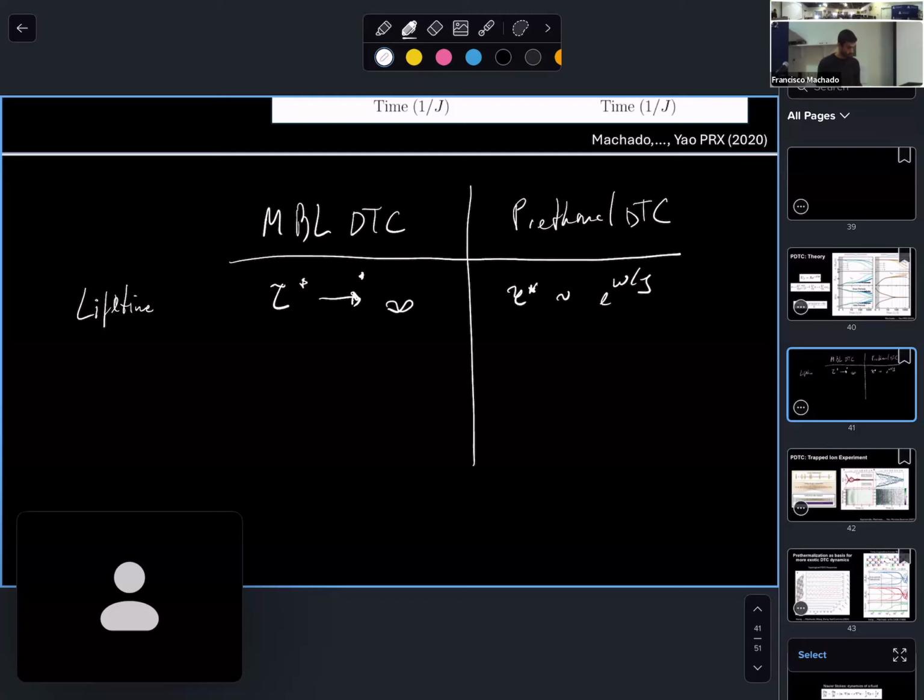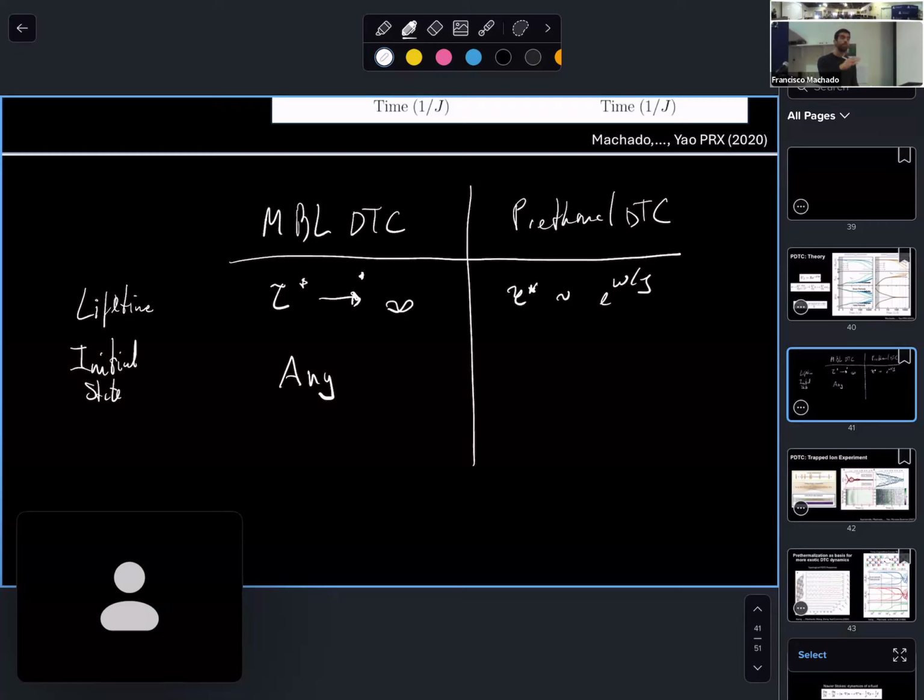Okay? The other important point is the notion of initial state. For the MBL, I emphasized that this time crystalline phenomenon could be understood by this pi pairing across the entire eigenspectrum of the system, which means that no matter what your initial state, you should see some subharmonic response.